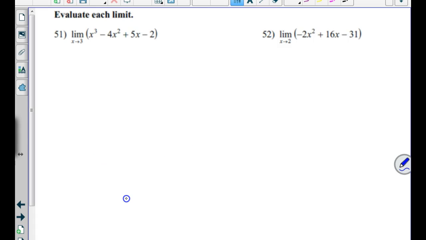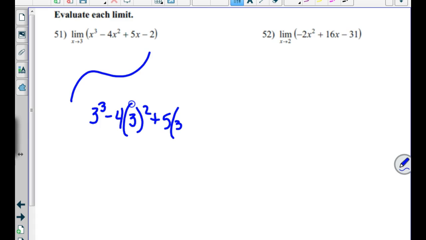Find the limit. What could you do on either one of these because they're very well behaved? You could definitely graph them, but you could also just substitute the value in, okay? Because this is a well-behaved function, it's just a cubic, you could find it by just substituting in the value carefully, or you could graph it.